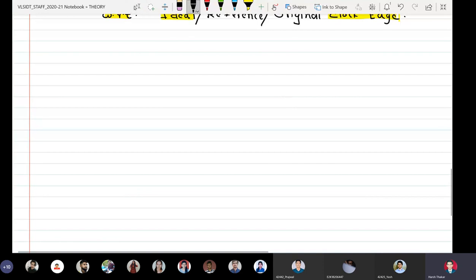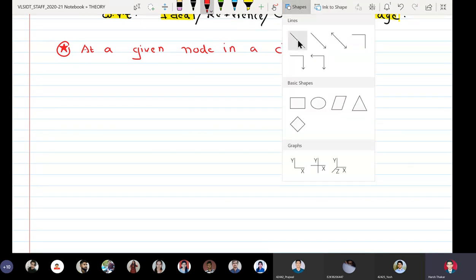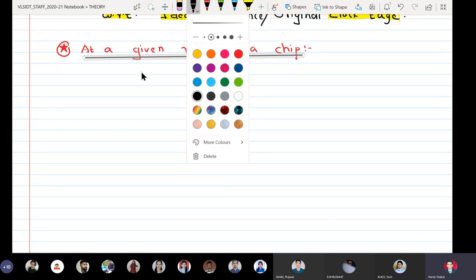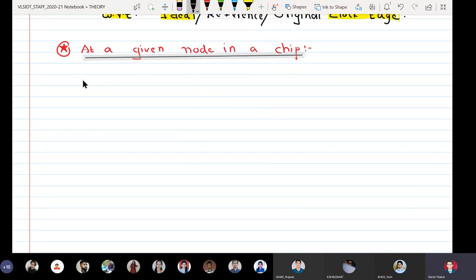So now we go into the mathematics of the discussion. At a given node in a chip, now this is a little mathematical.